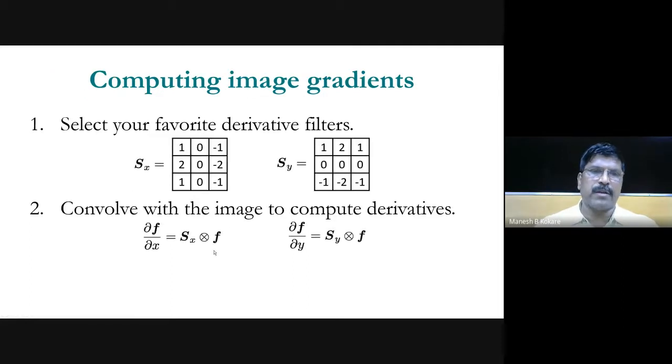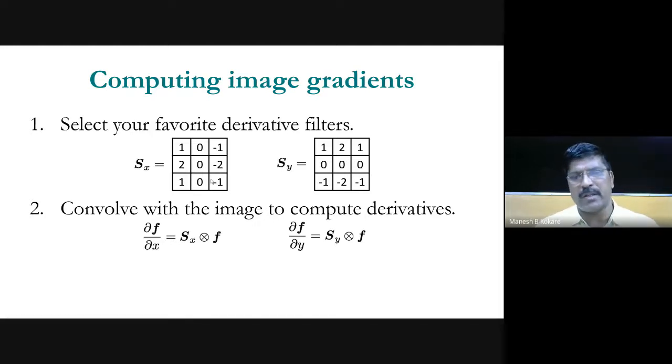Then, once you select that, you have to convolve the operator with the image to compute the derivative. How to convolve? You have to keep the center of the mask on the pixel under consideration, and then do the convolution like we have done earlier.